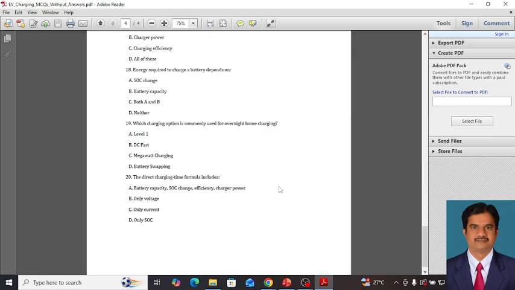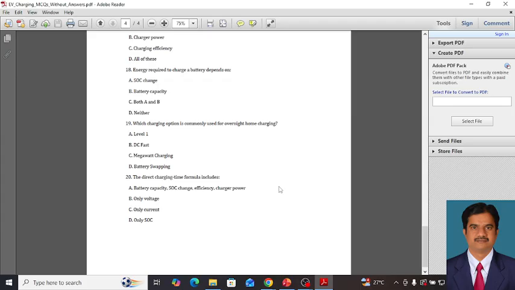Which charging option is commonly used for overnight home charging? Level 1, DC fast charging, megawatt charging, battery swapping.